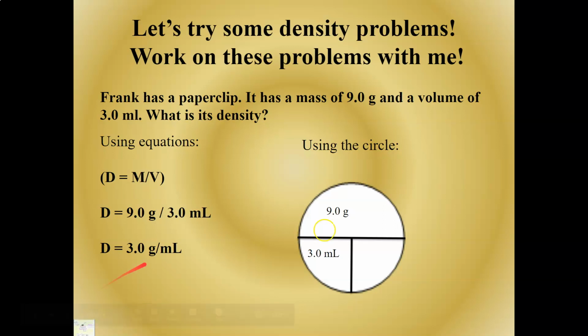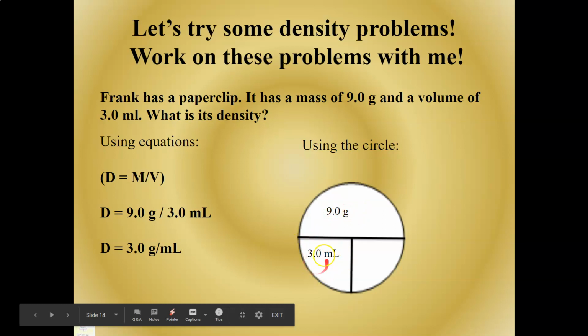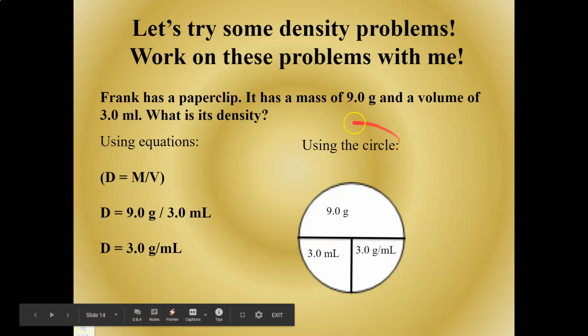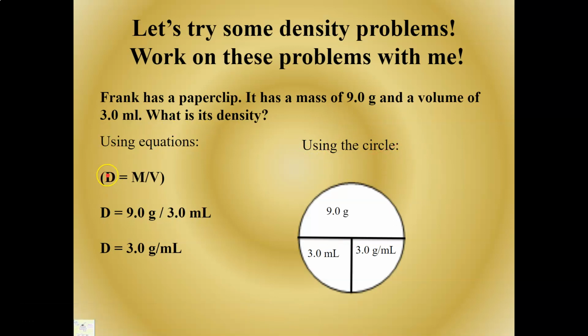It's still a division. It looks a little more like a fraction at this point, so it's 9 divided by 3, which gives you the density of 3 grams per milliliter. So there are two different ways you can choose to show your work to solve for any of the three variables, either density, mass, or volume, in a problem. I don't mind which you choose to do. It's up to you, but you need to make sure you're showing your work on your calculations, please.